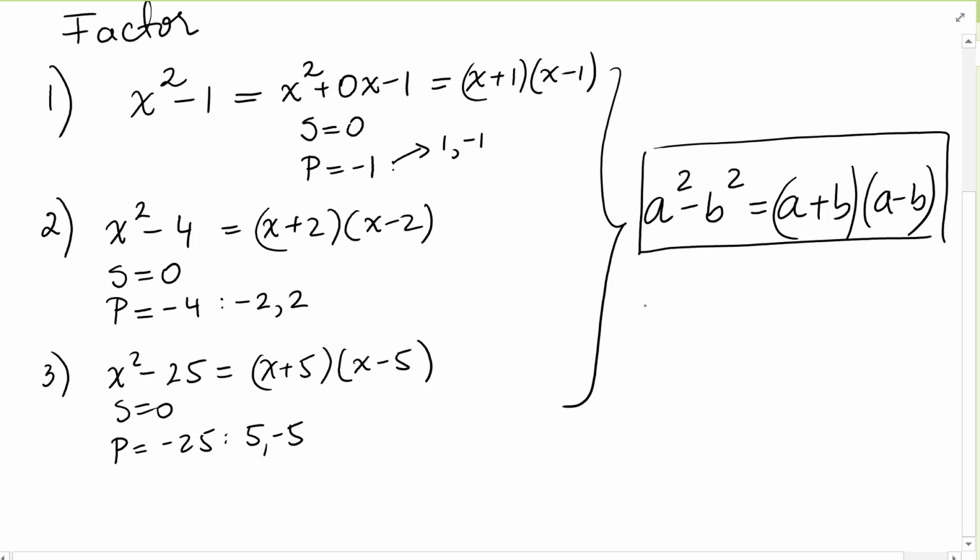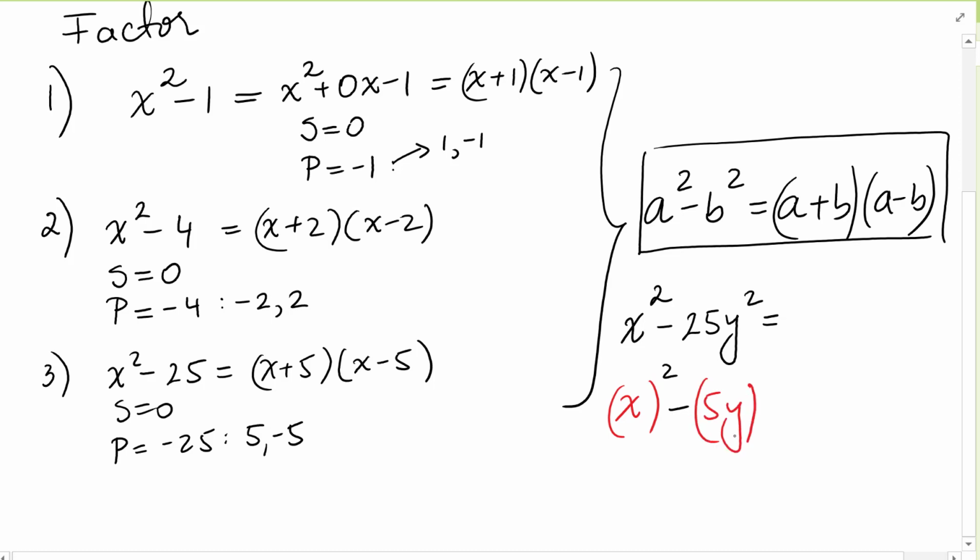If I give you a problem like x to the second minus 25y to the second, you can immediately say, well, it looks like x everything to the second minus 5y everything to the second. So this way we figure out that our a and b are x and 5y. So x plus 5y, x minus 5y right away.